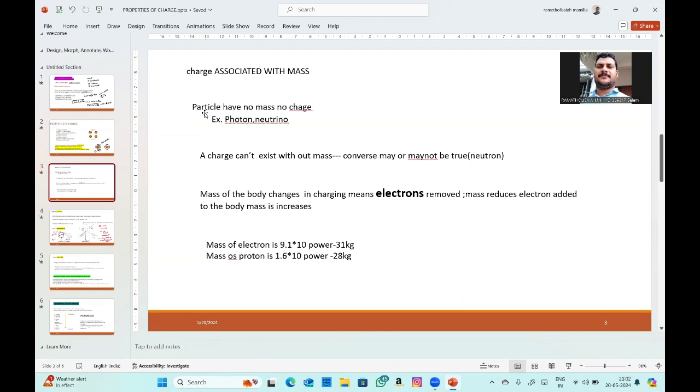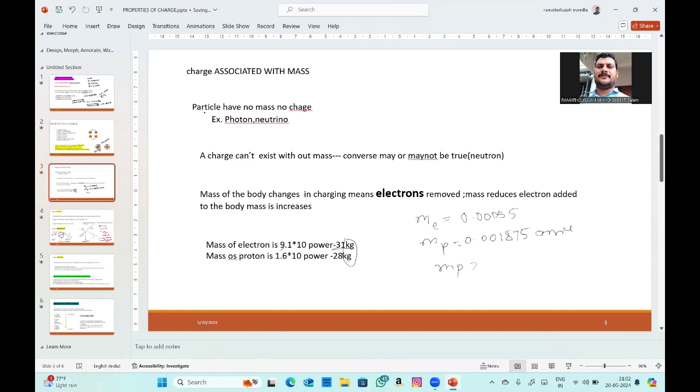The mass of an electron is 9.1 × 10^-31 kg. In physics problems, we use kgs only. Whereas in AMU, the mass of an electron is 0.00055 AMU, and the mass of a proton is about 1.00727 AMU, atomic mass units.